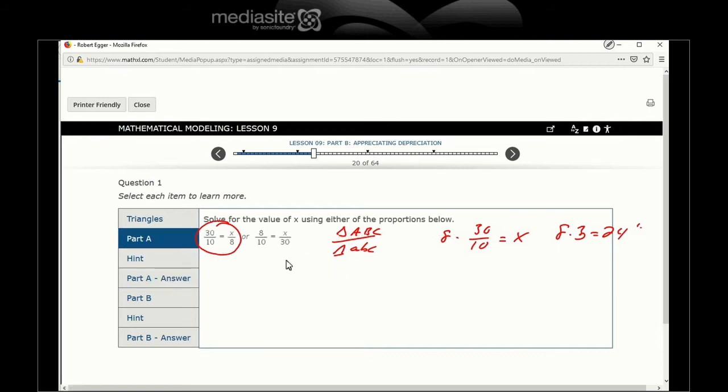The cross products, you're just multiplying across diagonals. So 10 times x, 8 times 30, and lastly divide through to get x equals 24 inches.